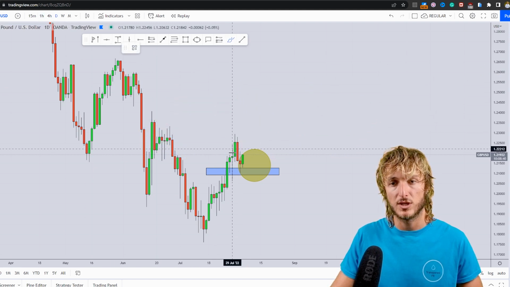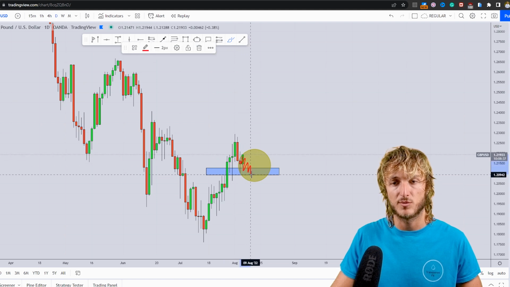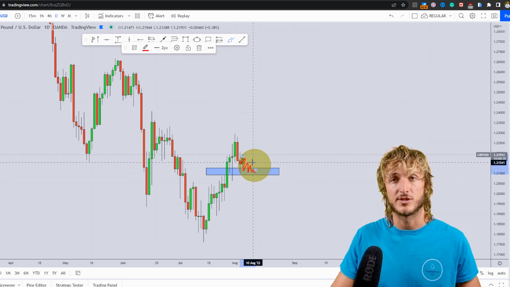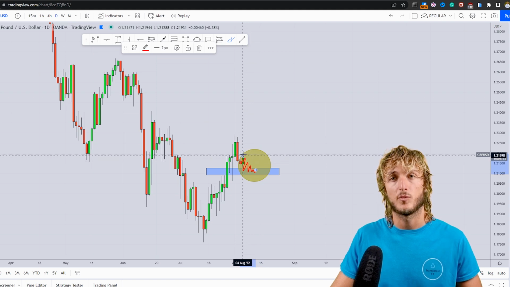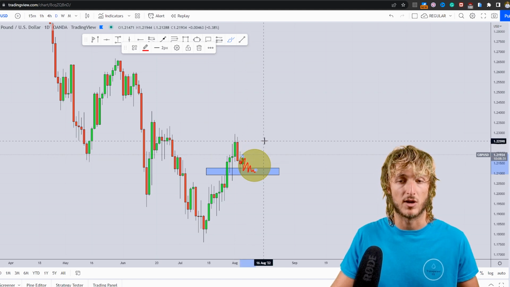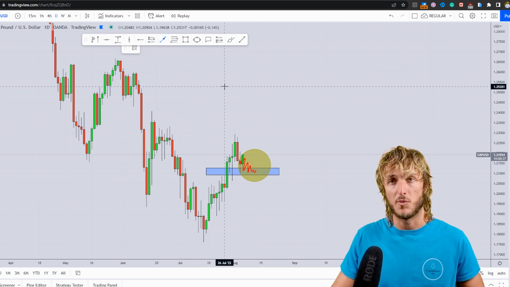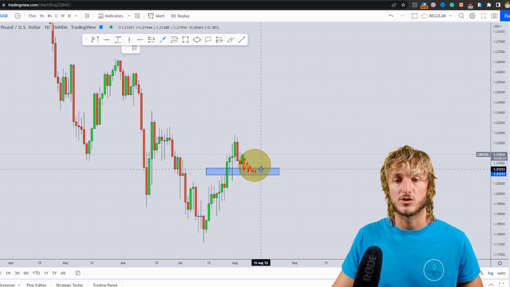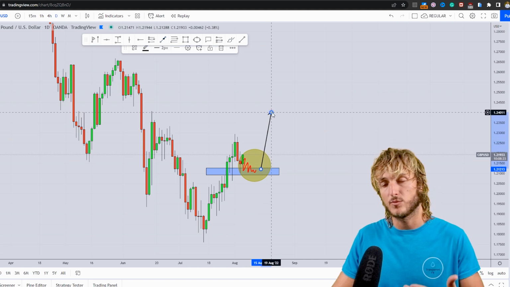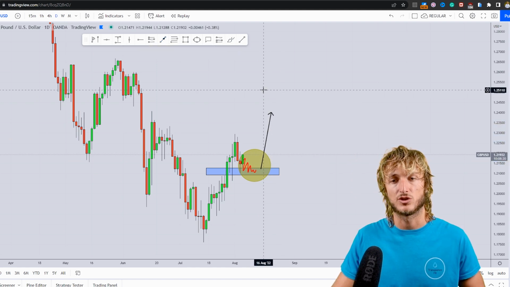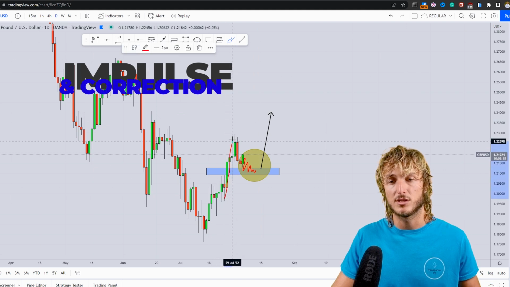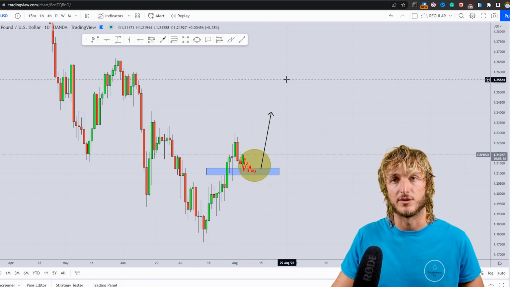Therefore, what we could be doing is monitoring price action from an intraday perspective during this move to the downside, waiting for the market to shift from an intraday bearish market, as we have right now, to an intraday bullish market. And if the market shifts from intraday bearish to bullish and provides us one of our valid entries, at that point, we could be looking for a potential rejection to the upside for the market to complete this impulse, correction, and impulse pattern to the upside.